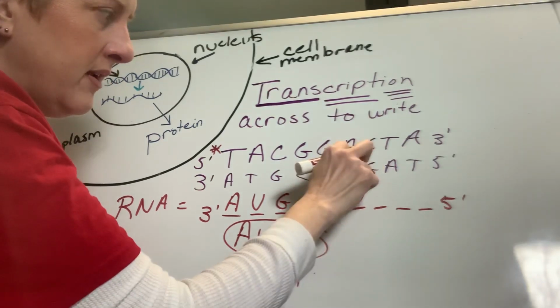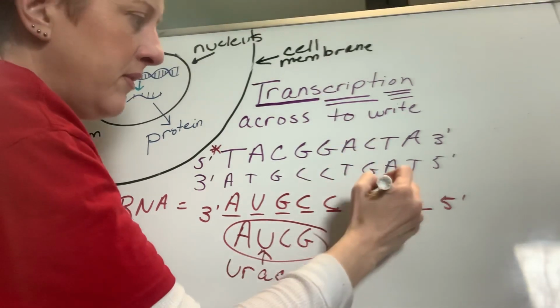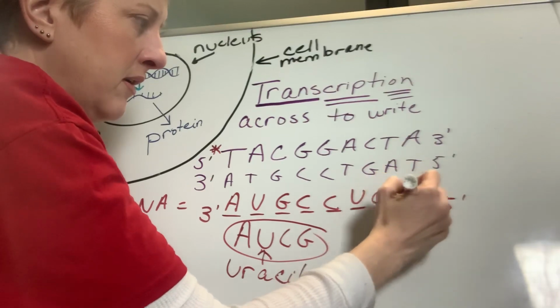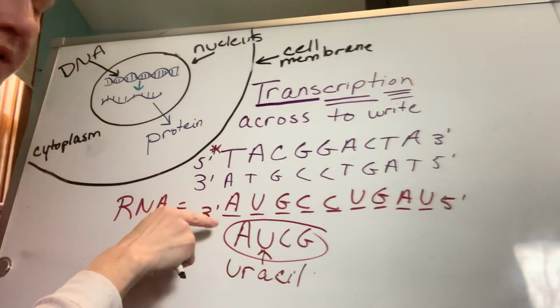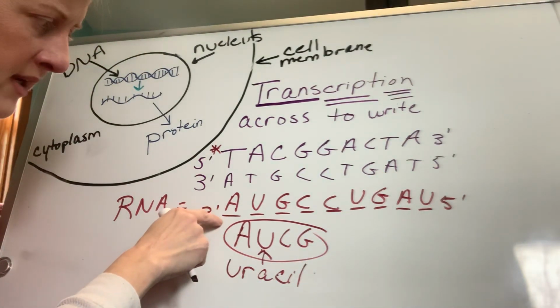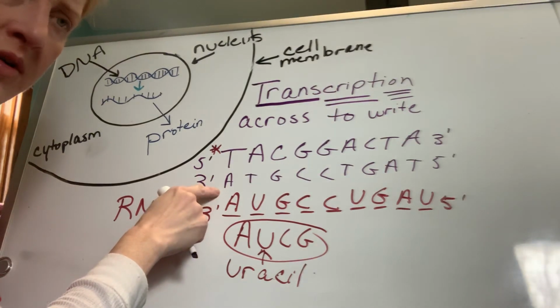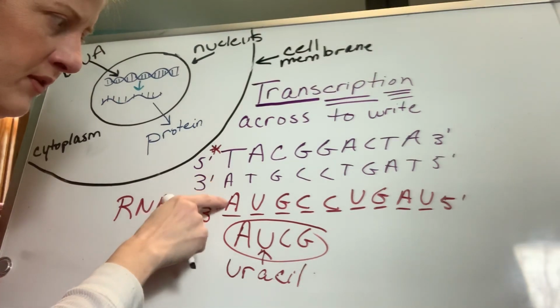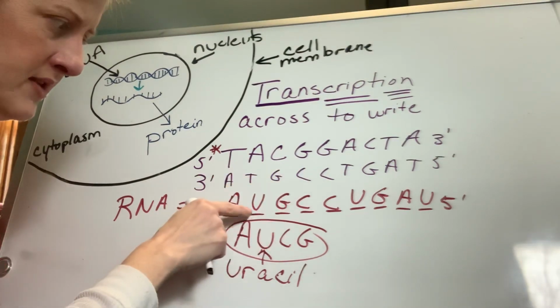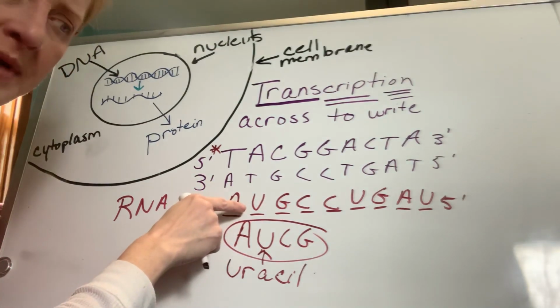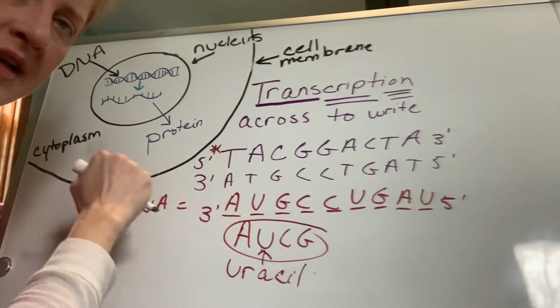Remember, again, can't write T, we would write U. And also what you'll notice is the RNA strand is very similar to what we call the lagging strand of DNA. So you'll notice this is almost identical. The difference, though, is this base right here. This is now uracil instead of thymine.